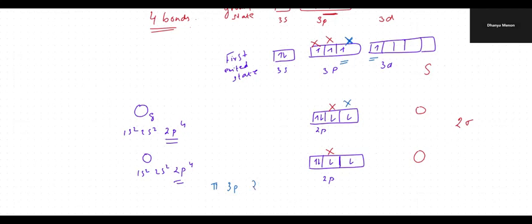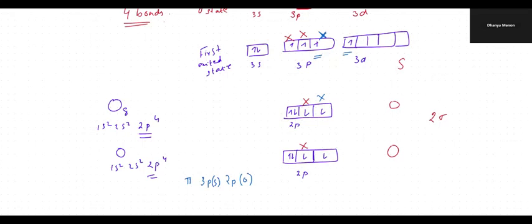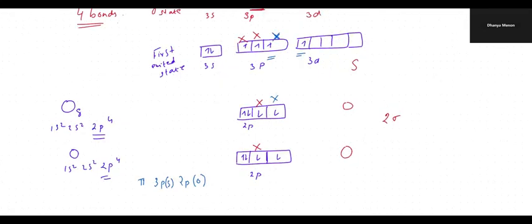So 3p orbital of sulfur with 2p orbital of oxygen. This is pi bond, right? So I'll write it here, okay? So we got the 2 sigma bonds. Now we are talking about the 2 pi bonds, okay?